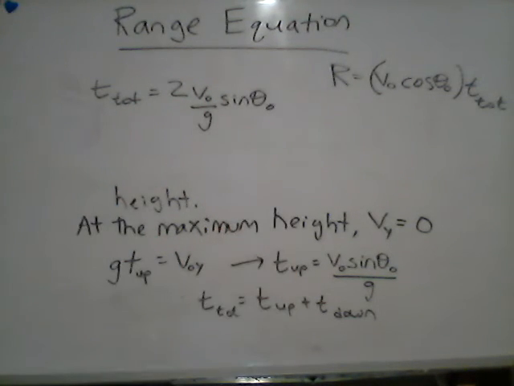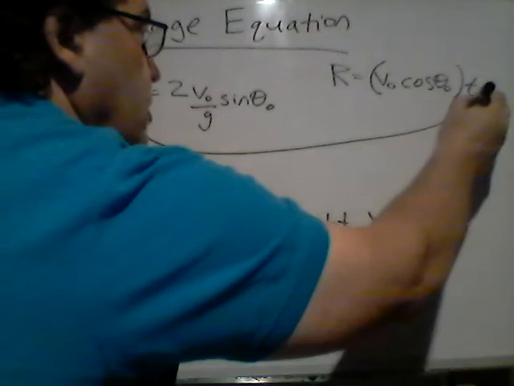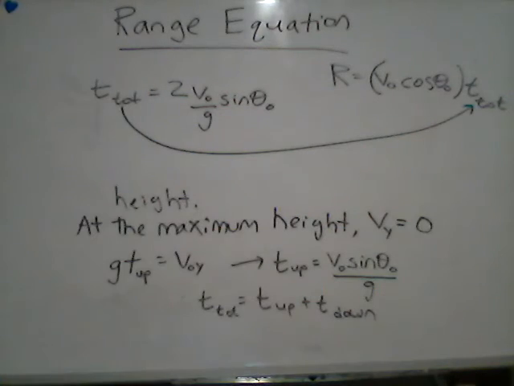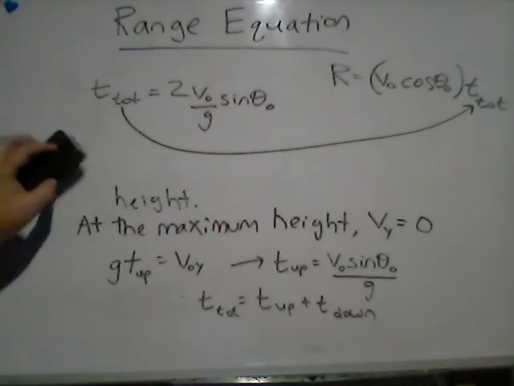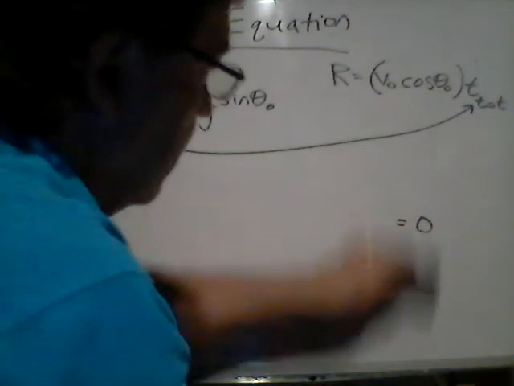Okay, so again, that's what we just got done deriving. And I'm going to substitute this into the total time variable in the range equation. So I'm going to eliminate this left equation, and I'm going to substitute it into the right equation.